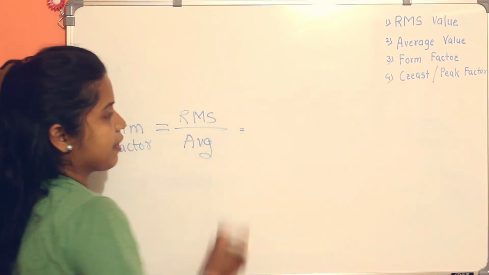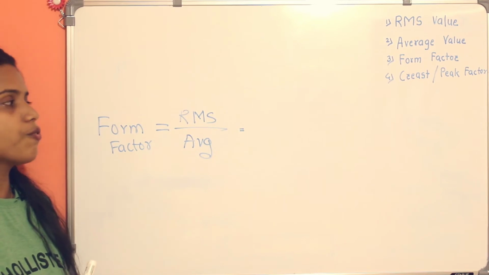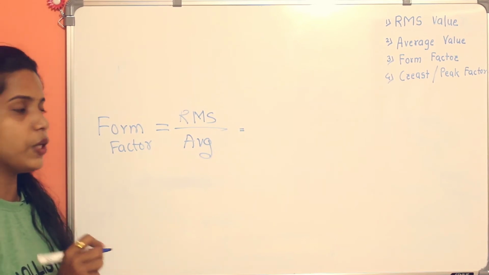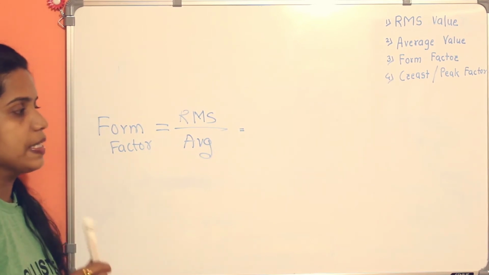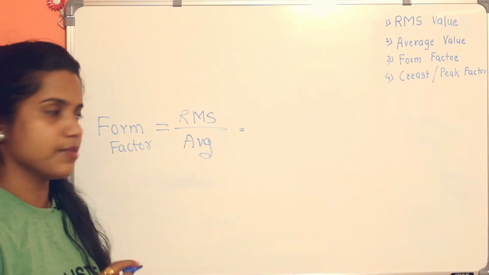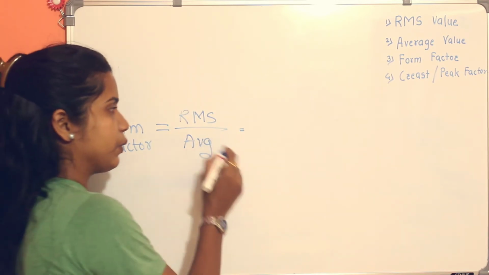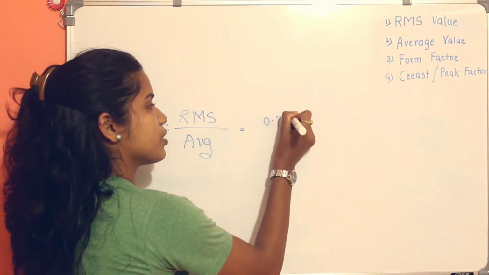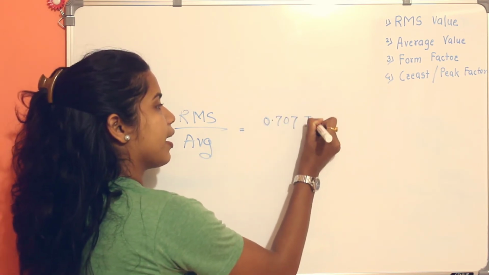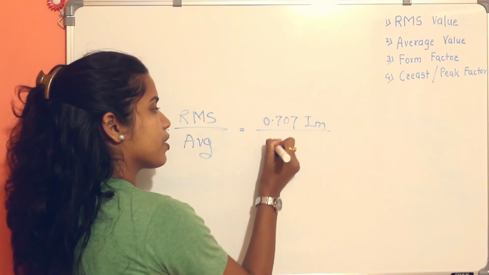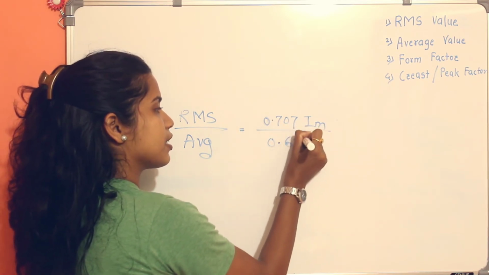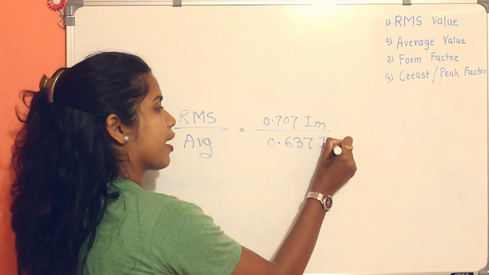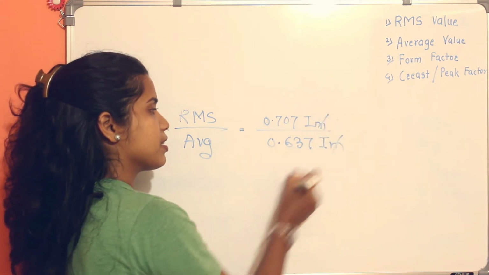Now, 0.707 times the maximum value is the RMS value, and the average value is 0.637 times the maximum value. If we put those values in this equation, 0.707 into Im divided by 0.637 into Im, Im gets cancelled.